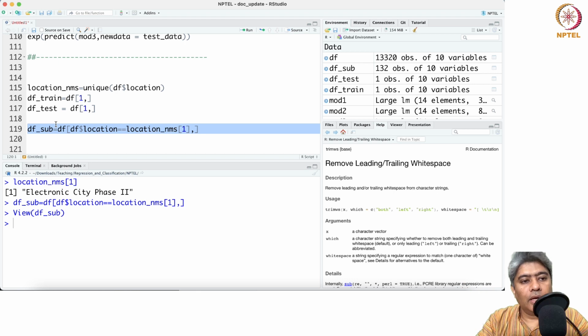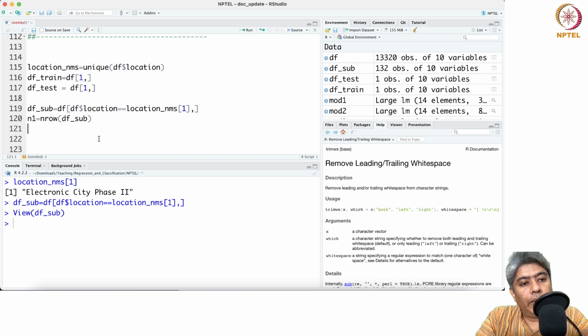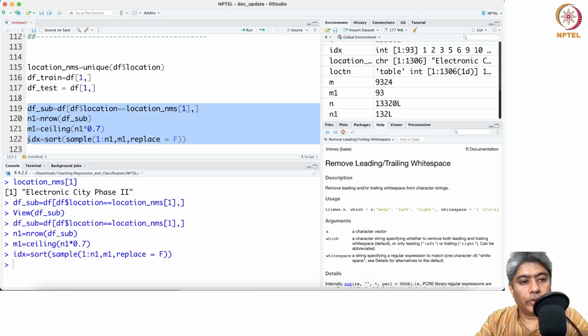Now I have to split this into two. So n1 equal to nrow of df sub, then m1 is equal to ceiling of n1 times 0.7, and then idx equal to sort sample 1 to n1, comma m1, replace equals false.